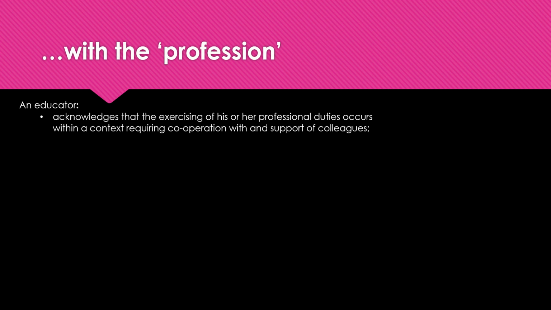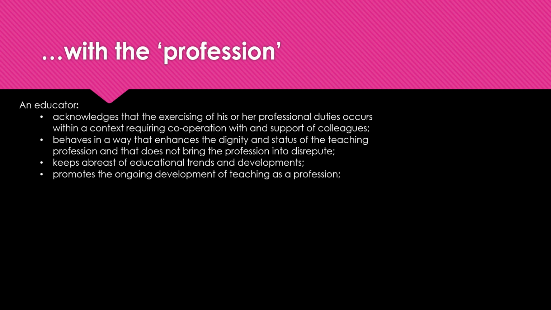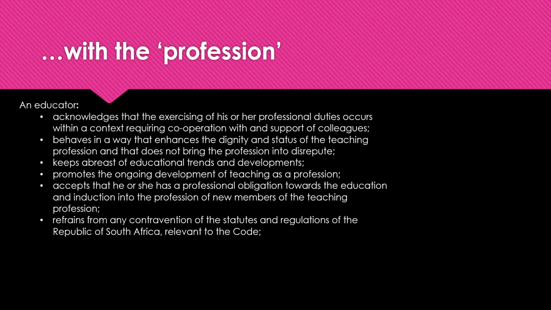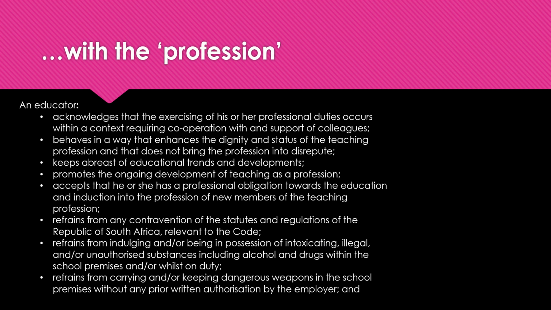It says an educator acknowledges that exercising their professional duties occurs within a context that requires teamwork, behaves in a way that enhances the dignity and status of the profession, keeps abreast of trends and developments and promotes ongoing development of teaching, accepts that they have a professional obligation towards education and induction of new members, refrains from contravention of any regulations and statutes relative to the code, refrains from indulging or being in possession of intoxicating, illegal and/or unauthorized substances, including alcohol and drugs, at least while within the school premises or while on duty, refrains from carrying or keeping dangerous weapons in the school without prior consent, and refrains from engaging in illegal activities.